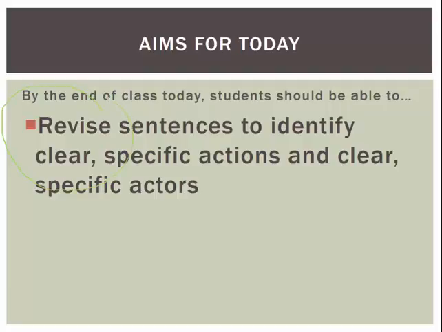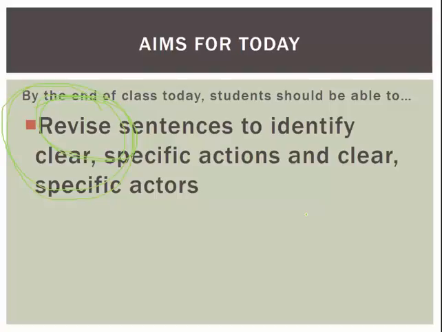The word I really want to emphasize here is this one, revise, because I am not expecting you to be able to write these kinds of sentences when you're drafting. When sentences are coming from your brain onto the page or through the keyboard, I'm not expecting you to be able to write the best sentence right away.